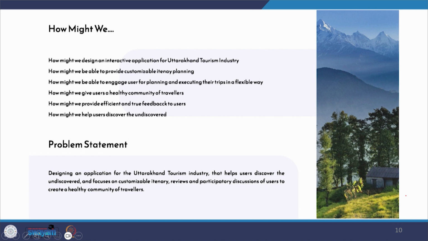Here the problem statement that Soumya has identified is designing an application for the Uttarakhand tourism industry that helps users discover the undiscovered and focuses on customizable itinerary, reviews and participatory discussions of users to create a healthy community of travelers. So for a different problem or different need, the how might we questions will change and the problem statement will accordingly also change.